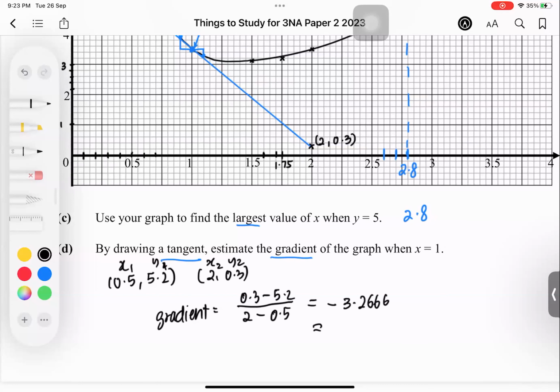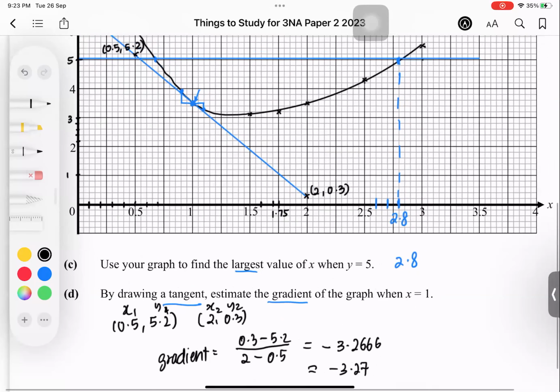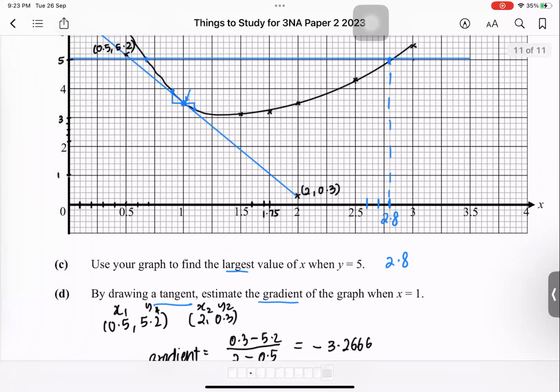Round off to negative 3.27 for the gradient, 3 significant figures. And it is a downward sloping negative line. Can? Okay, no more already. So these are the basics of the basics. Okay, bye-bye. Go and study already.